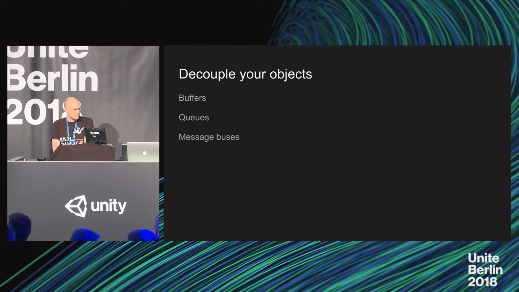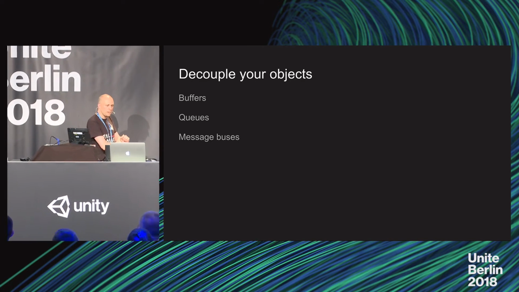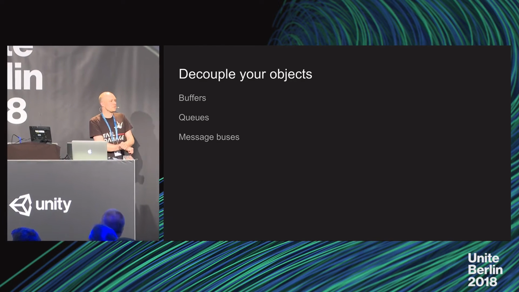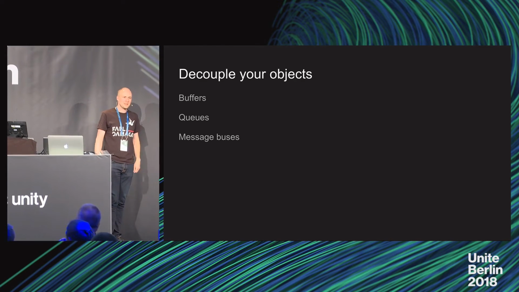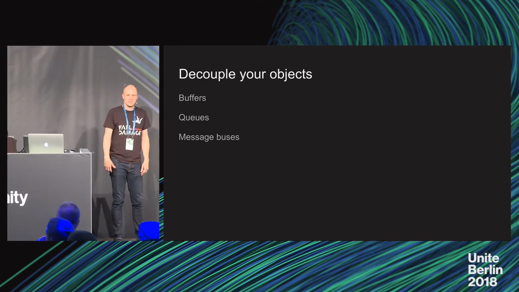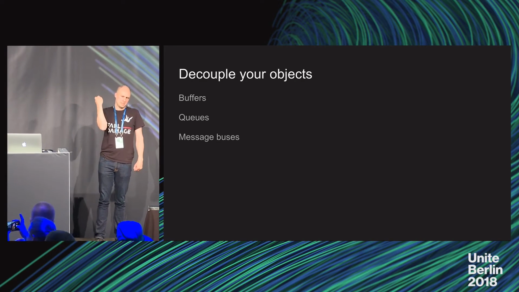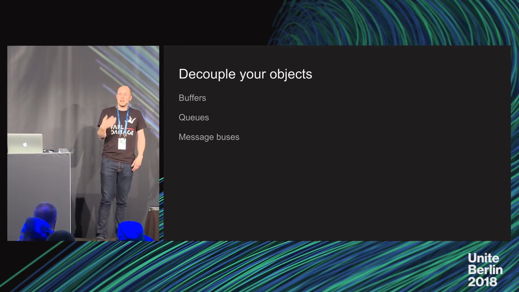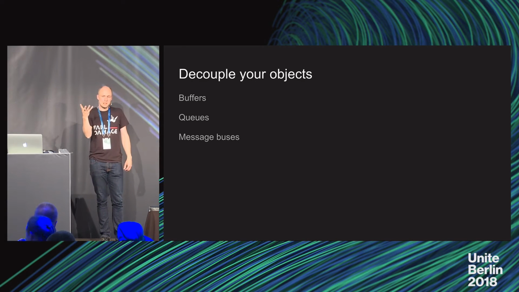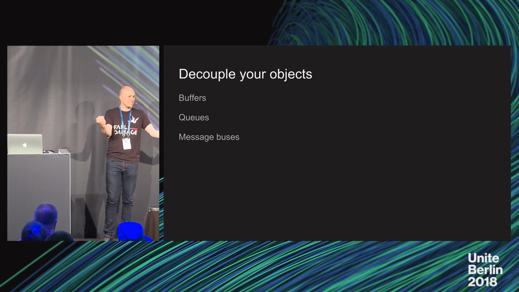Another thing that's really good to have in your toolbox is an awareness that you can decouple objects by putting other things in between them. Sometimes you're sitting there thinking, okay, if we're going back to the Pong example, I have the ball logic here, and then I have a score presentation here.